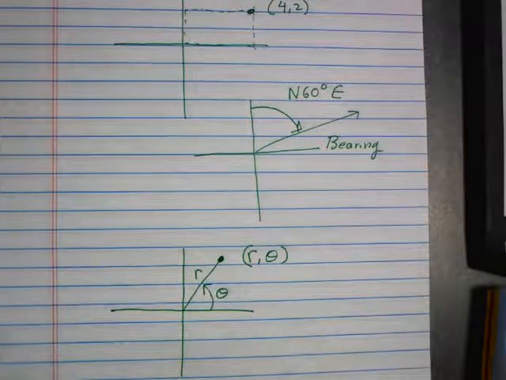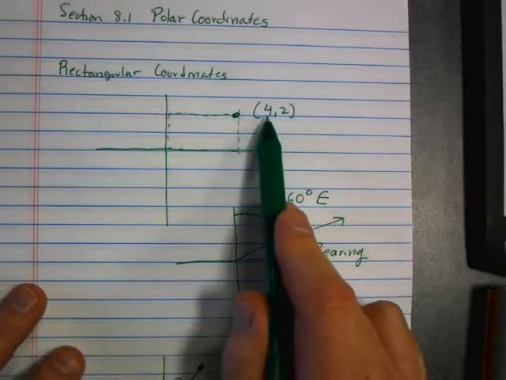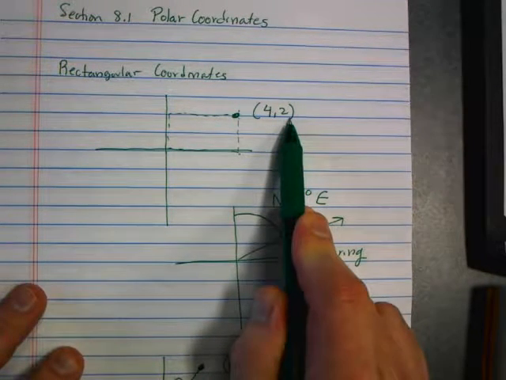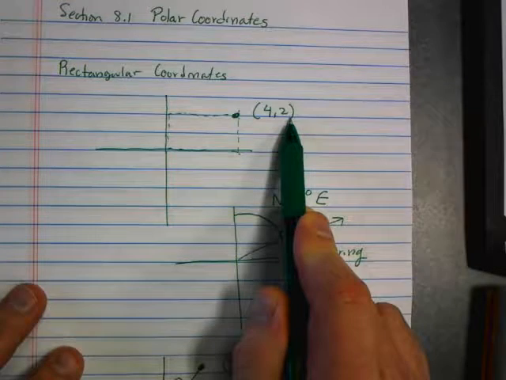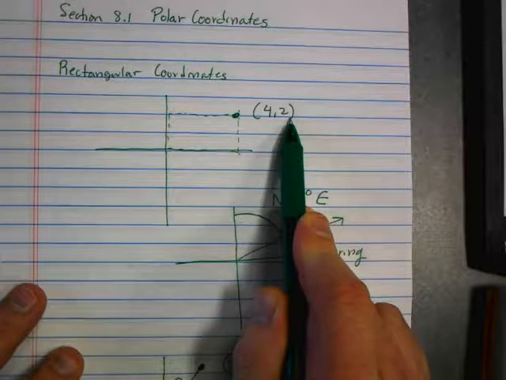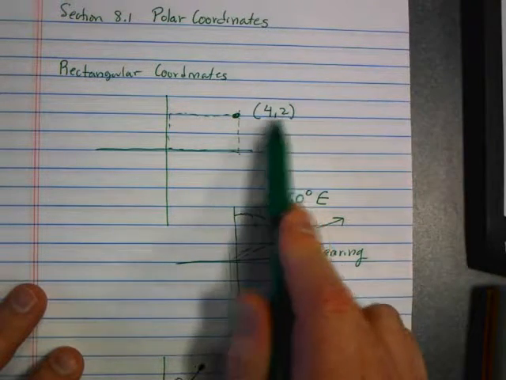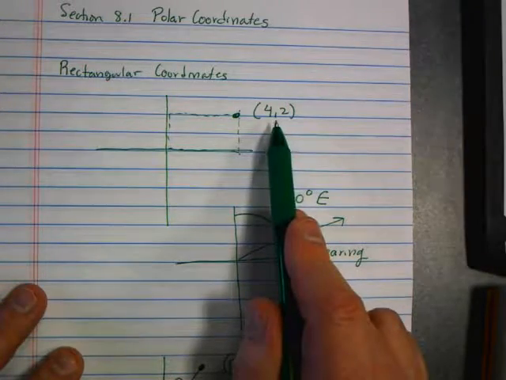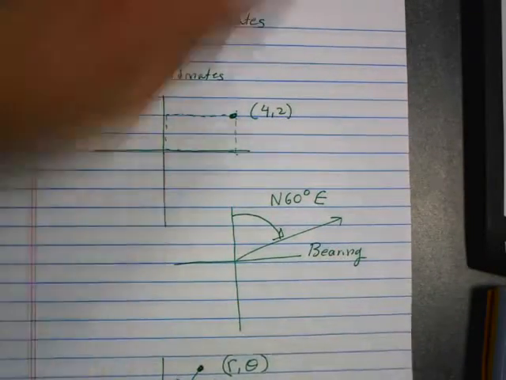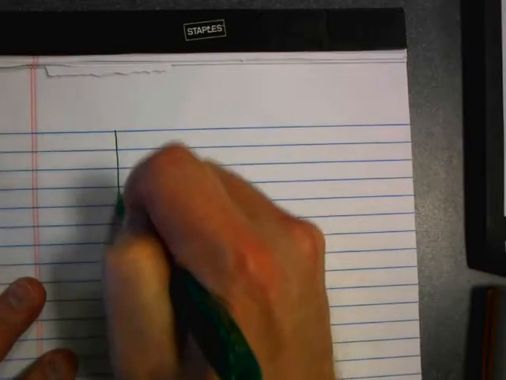All right, this point. If I call this point 4, 2 in rectangular coordinates, can I call it anything else? Or is it unique? Is this the point 4, 2, and anything else would be a different point? Okay. In polar coordinates, that's not true.